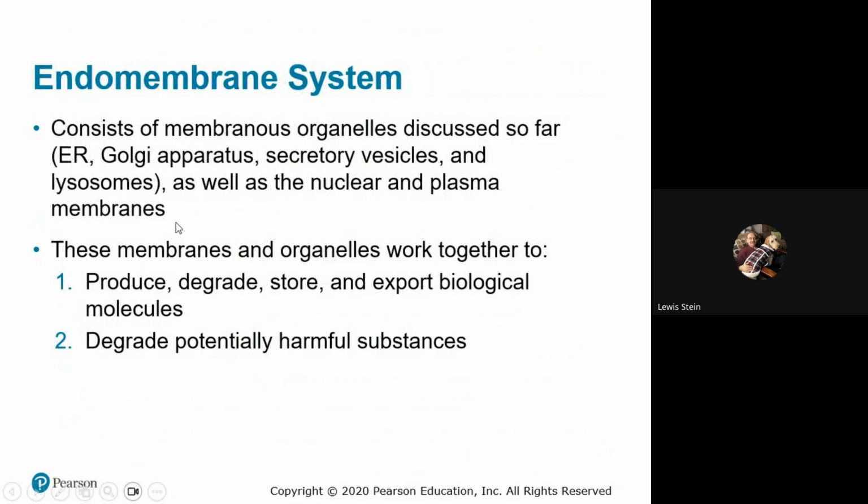The endomembrane system. Organelles, endoplasmic reticulum, Golgi, secretory vesicles, lysosomes, nuclear and plasma membranes are all part of it. They work together. Produce, degrade, store, export. All true. Harmful stuff. We have a lot of safeguards.